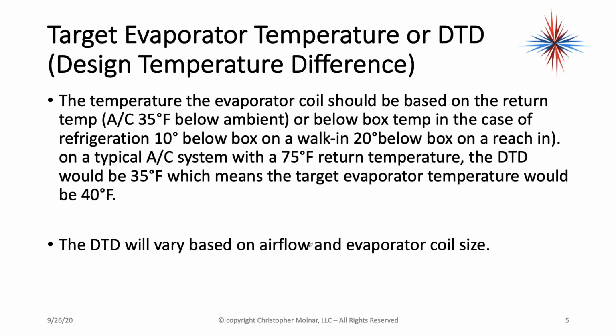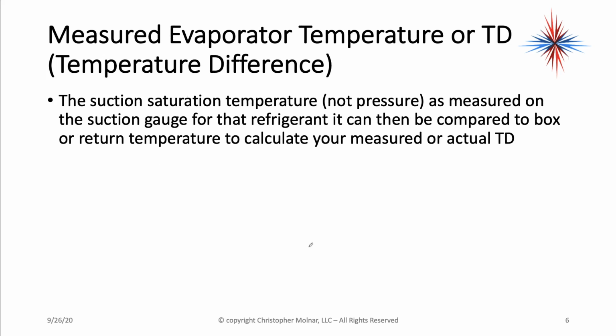Okay, so for example, a typical AC system with a 75 degree return temperature, the design temperature difference would be 35 degrees, which means the evaporator temperature should be about 40. The DTD, the design temperature difference, will definitely vary based on airflow and evaporator size.